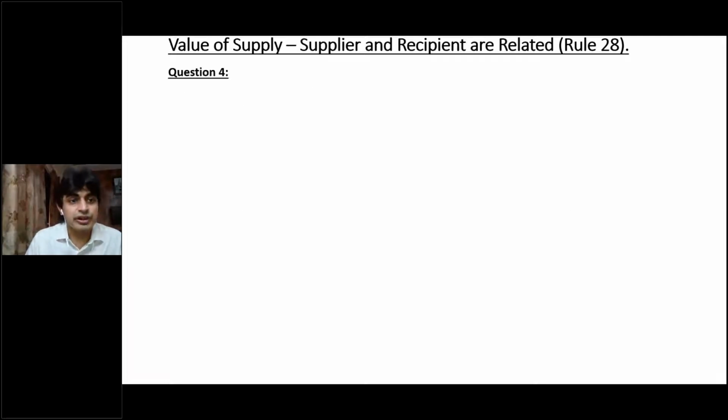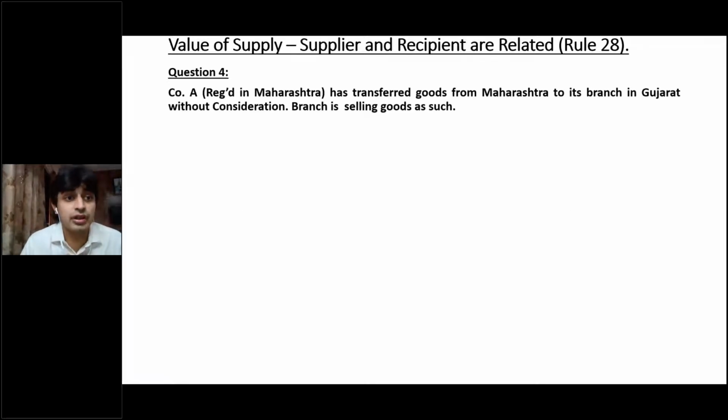Okay, we'll take the next question. Now see this. Company A, registered in Maharashtra, has transferred goods from Maharashtra to its branch outside the state without consideration. Zero. And the branch is selling the goods as such. Okay, so what is happening? I have supplied goods from Maharashtra to my branch in a different state. Is it a taxable supply? Answer is yes.